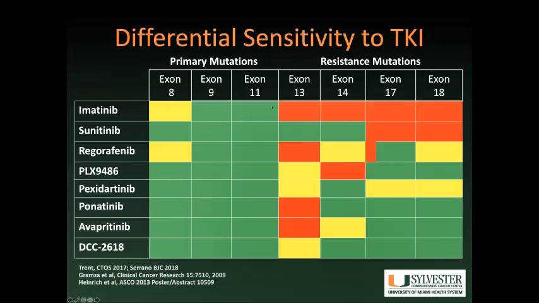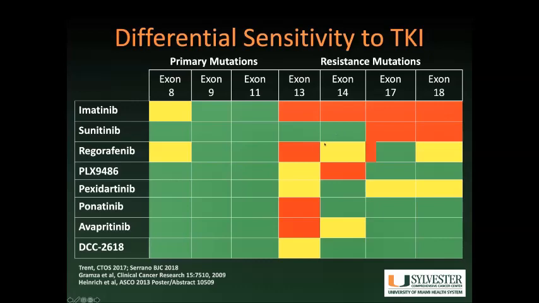Namely, Imatinib is resistant to all of these medications. And so it's when these resistance mutations occur, Imatinib is just not effective anymore, and we have to try a different medicine. Well, as it turns out, when the resistance mutation is in 13 or 14, Sunitinib is green, so it's quite effective in that situation.